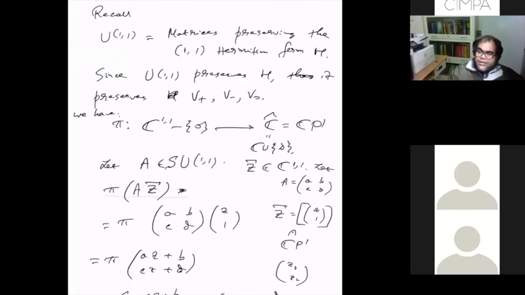Determinant 1 matrices preserving, okay. So I just take SU(1,1). In using the linear model, like this U(1,1), it is not immediately visible that there are orientation reversing isometries.